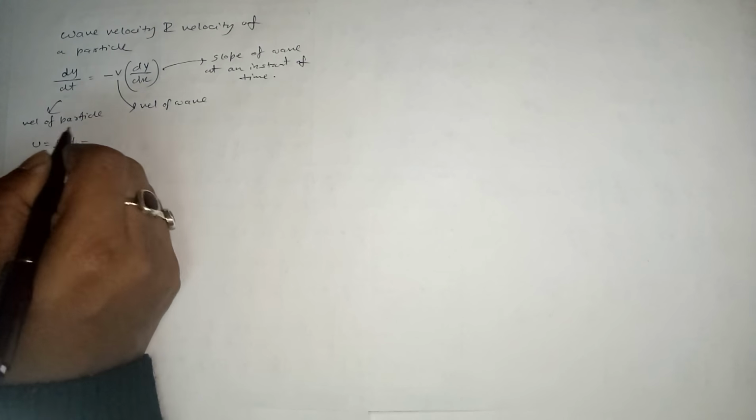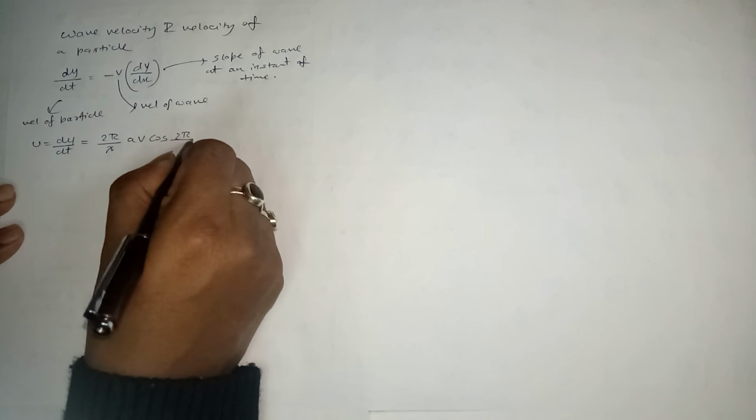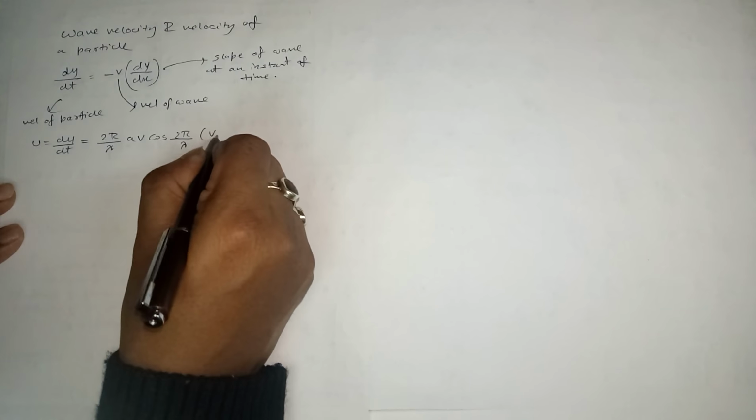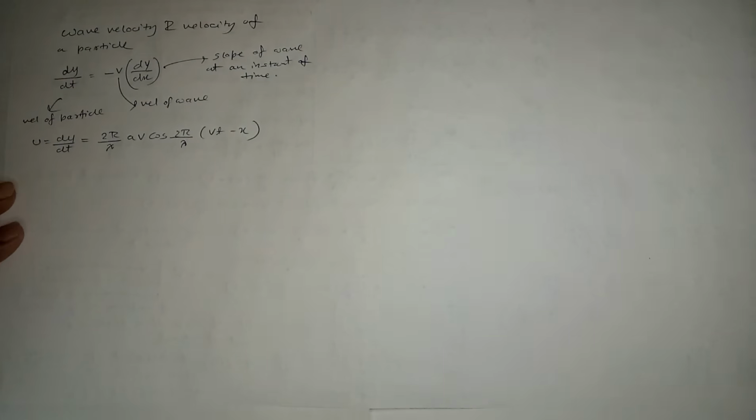Now again, remember that the equation of velocity of particle, dy by dt, was equal to 2 pi by lambda a v cos 2 pi by lambda (vt minus x).